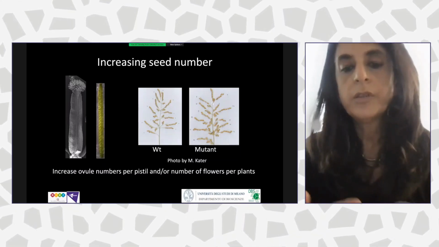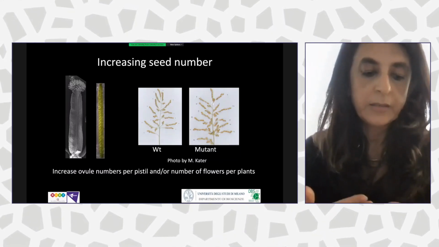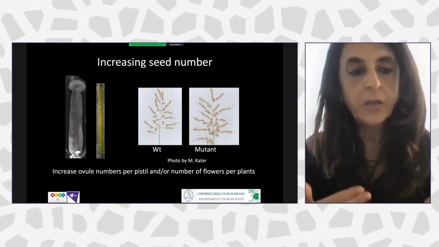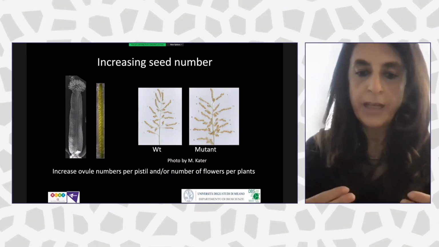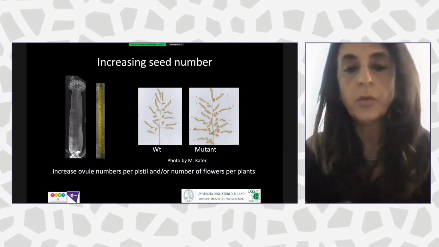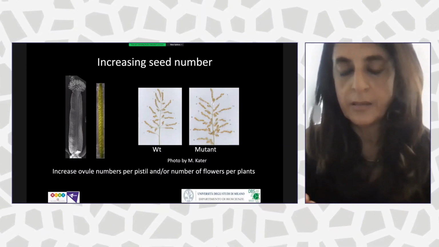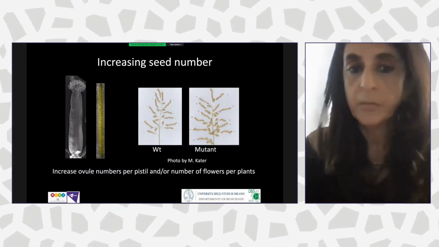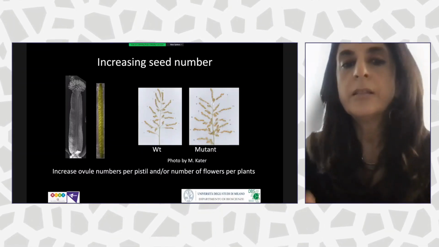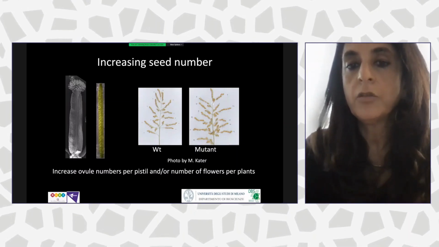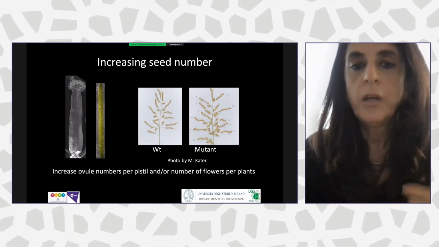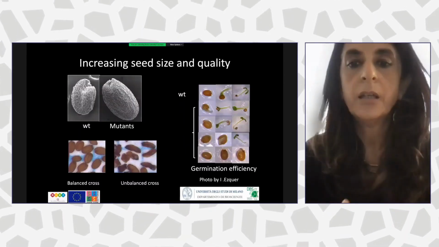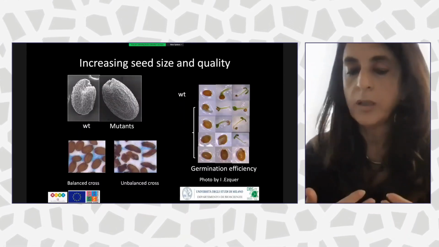This is, of course, a very interesting and important issue because it will allow us to produce more seeds without increasing the amount of land required to get this increase in seed production. And this is one of the targets in sustainable agriculture. But it's not just a matter of seed number, but also of seed quality. So another challenging topic is to try to improve seed size and quality.